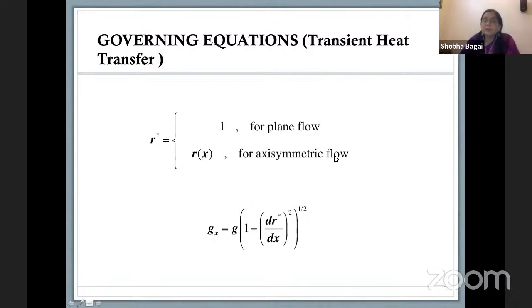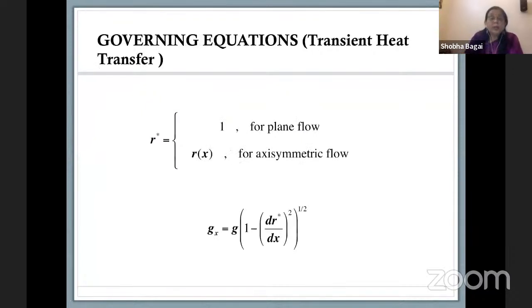And for axisymmetric flow, for example if you're considering a sphere, you'll have to find what the r_x will be, which, if you remember, was the distance between the vertical axis and the boundary of the surface that we had. And of course, the component of g along the x direction. So x is measured along the surface of the object. That is given by this relationship.